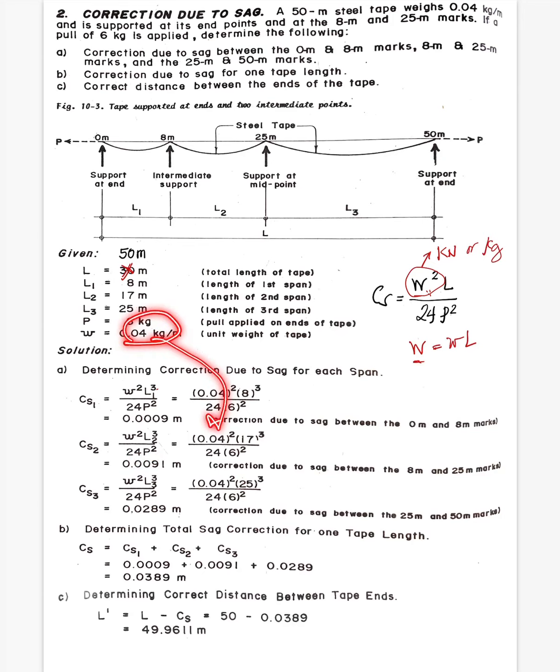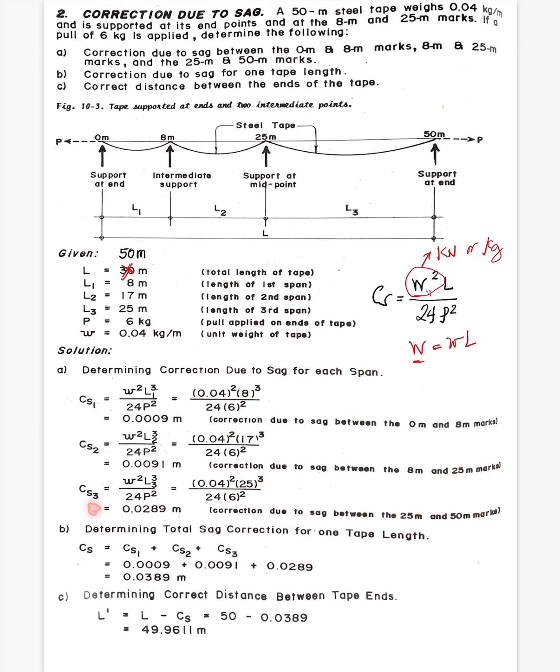So substitute the values: 0.04 squared multiplied by 17 cubed divided by 24 times 6 kilogram squared. So you have now the correction for line L2, that is 0.0091, correction due to sag between 8 meter and 25 meter mark.